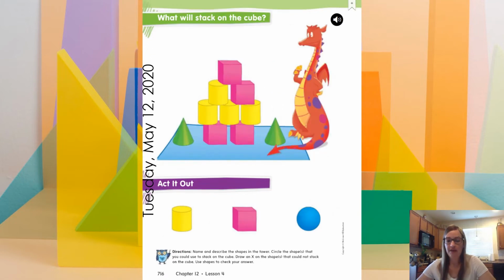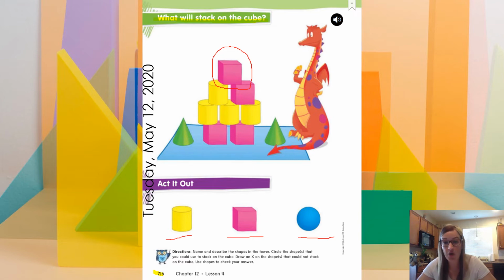We turned the page to page 716, and the question at the top says, what will stack on the cube? Let's locate the cube in the picture. And here's the cube that they're talking about, and we want to know what 3D shape will stack on the cube. Your choices are a cylinder, another cube, or a sphere?